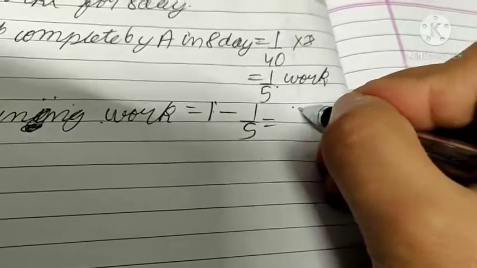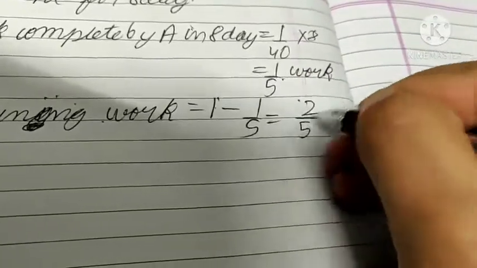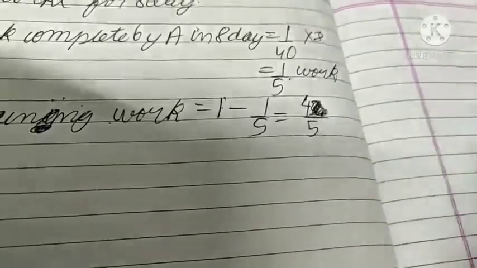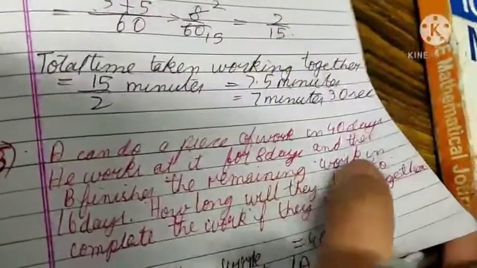So remaining will be 4 by 5th work is still remaining, and it says that B finishes the remaining work in 16 days.